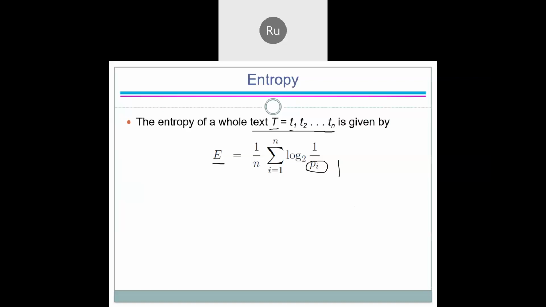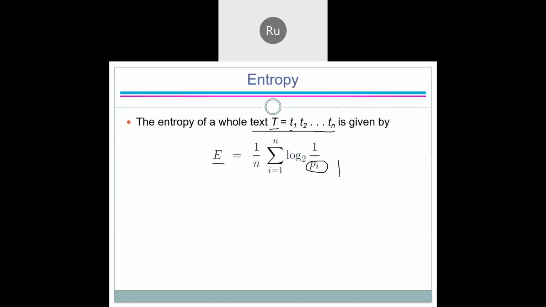I double check. What is log of 1? 0, right?